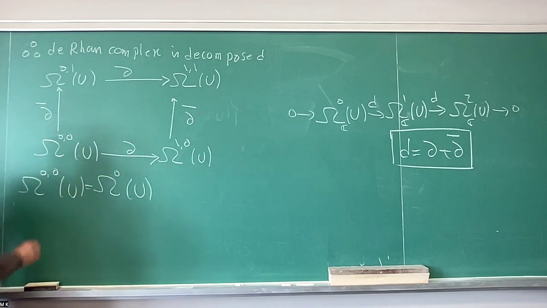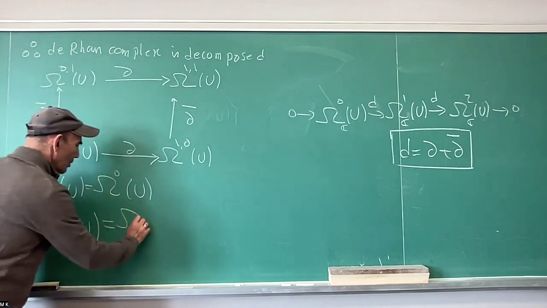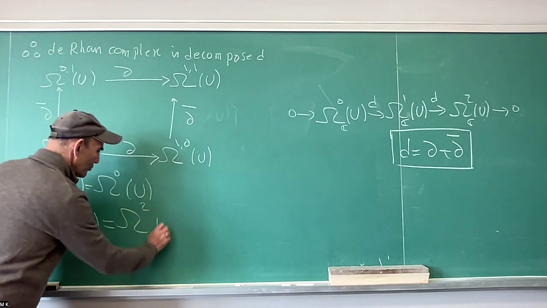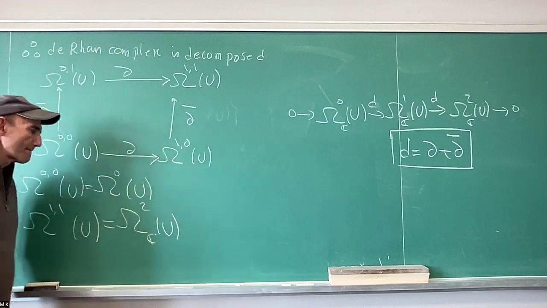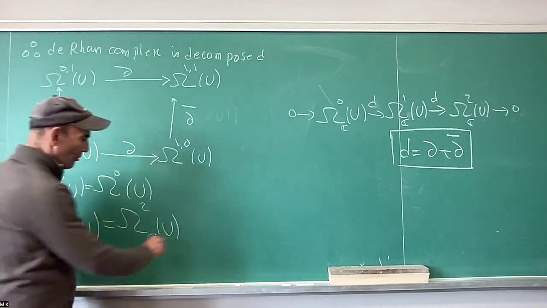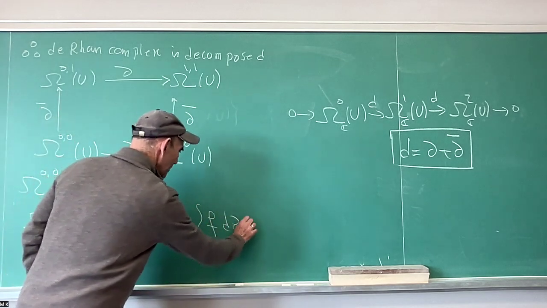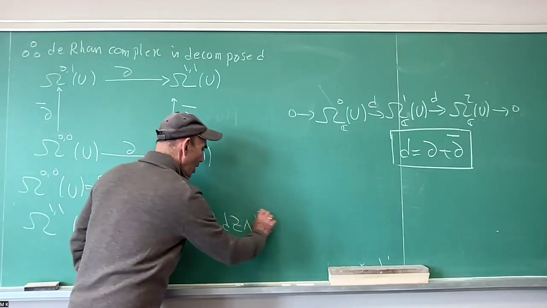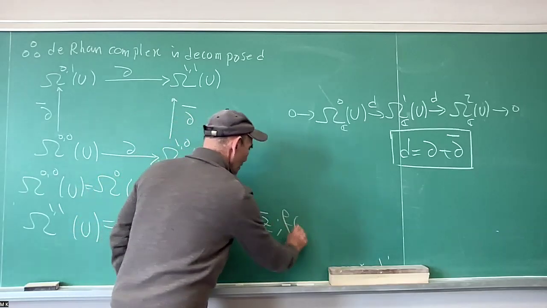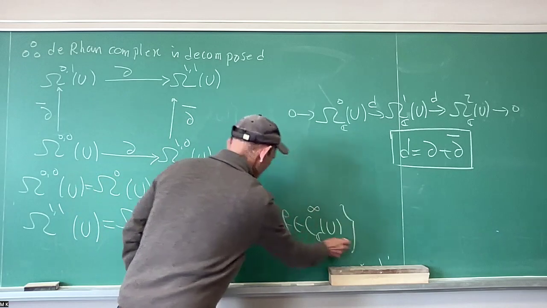And omega 1,1 of U is really nothing but omega 2 of U, again complex-valued, which I noticed can be written in the following form, as f dz wedge dz bar, where f belongs to C infinity of U with values in C.